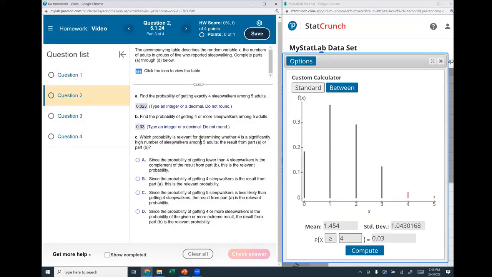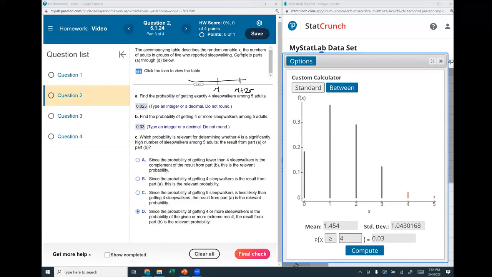Which probability is relevant for determining whether 4 is a significantly high number of sleepwalkers among 5 adults? The results from part A or the results from part B? So remember, if we have our little line here, and this is our mu, and right here is mu plus 2 sigma, we want to know what that value is.